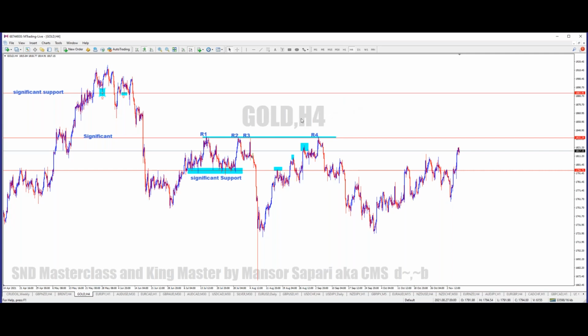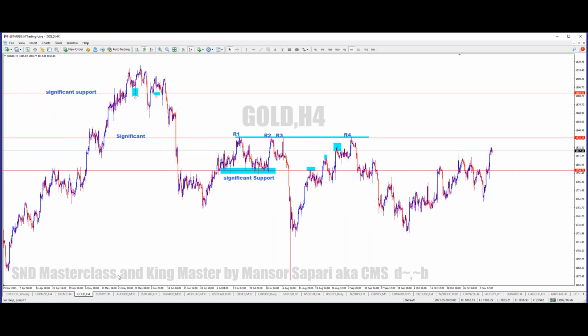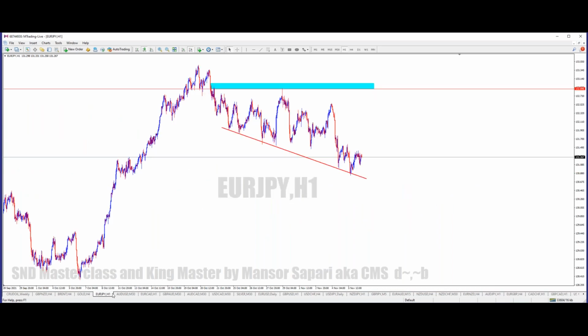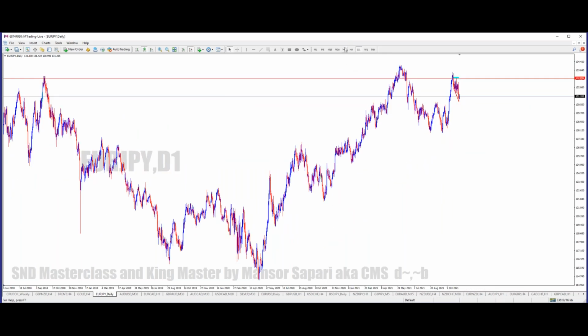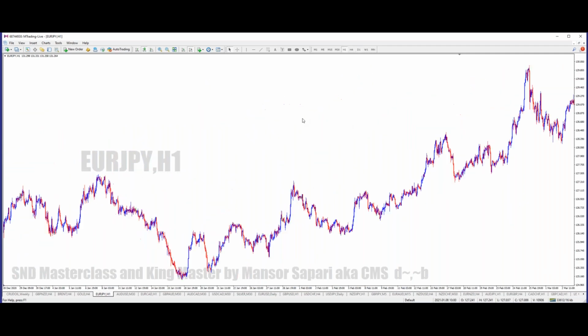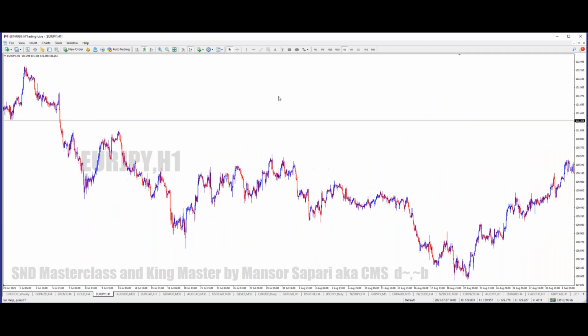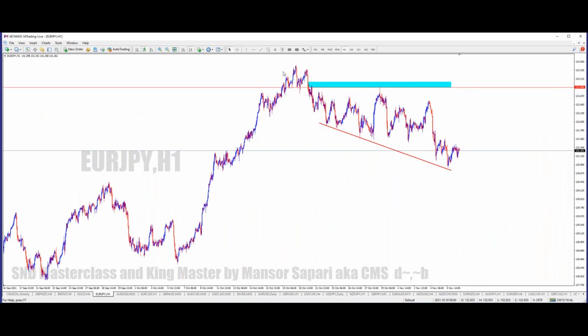Gold has very fast movement, so H4 is big enough. For currency, maybe you need daily or weekly. As long as you can identify significant support and significant resistance, this is good enough.